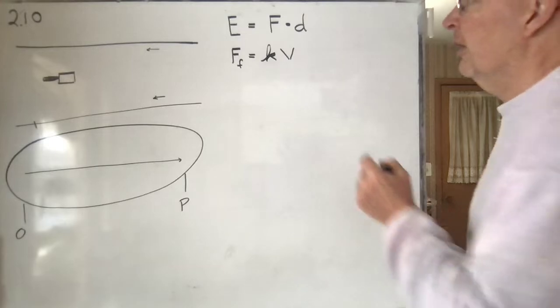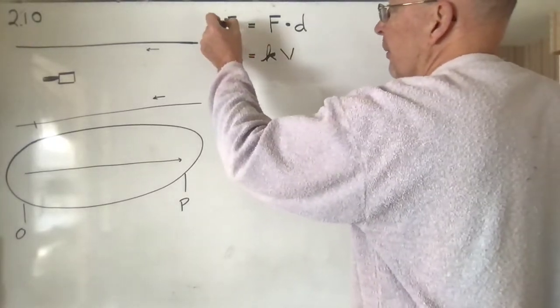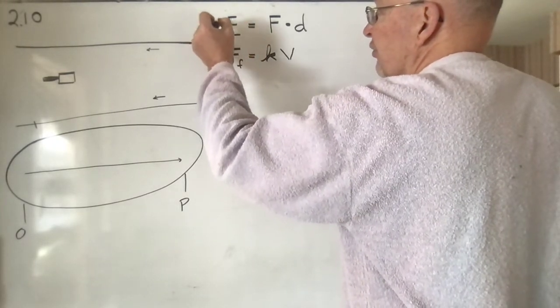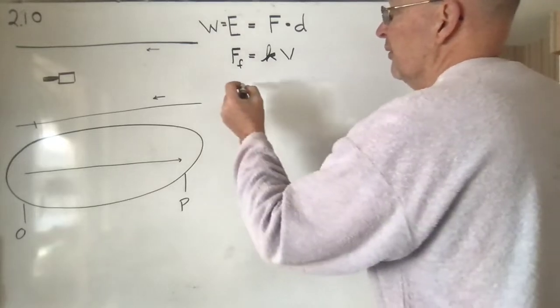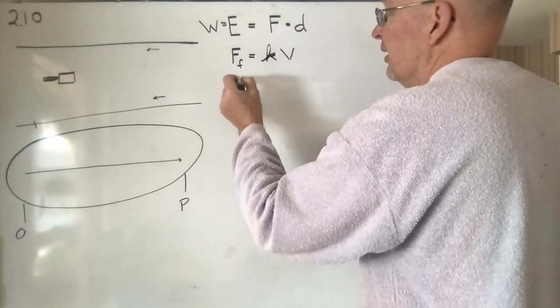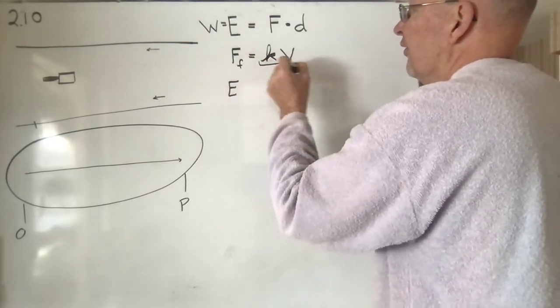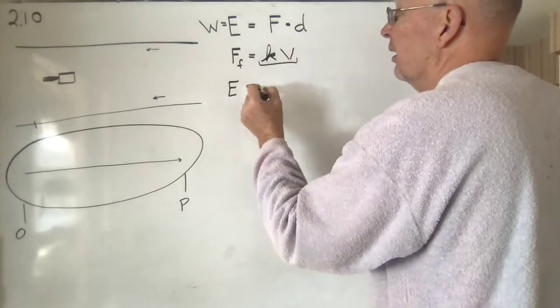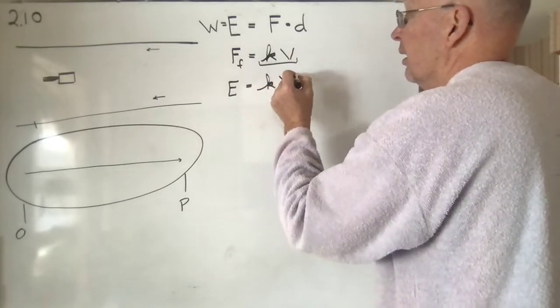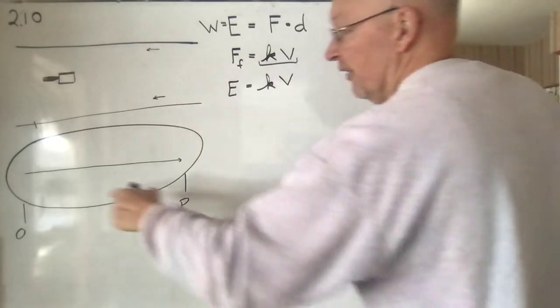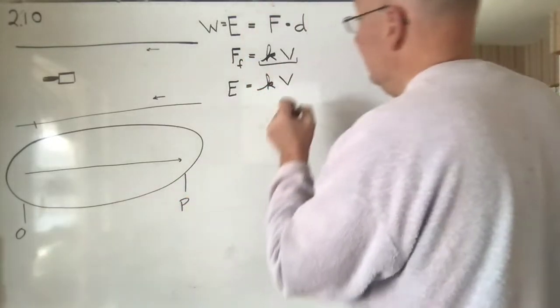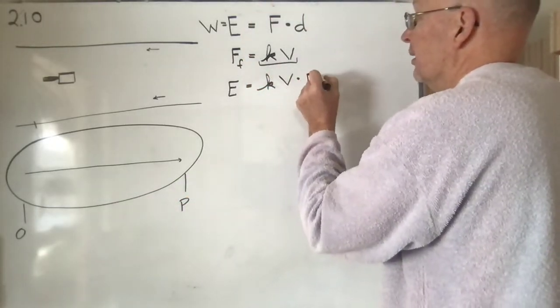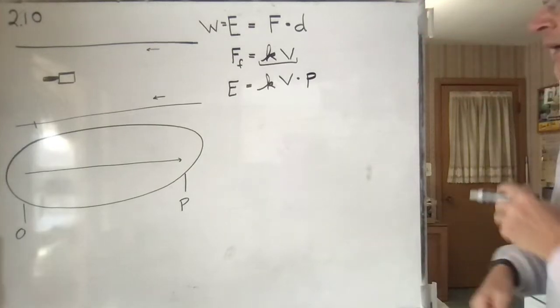First of all, we see that the amount of work or the amount of energy, I'll use those two words interchangeably, the amount of energy is going to be the force, and this is the force needed right there, times the distance. And in this case, the distance from 0 to P is just going to be P. Right? There's the distance that you travel.